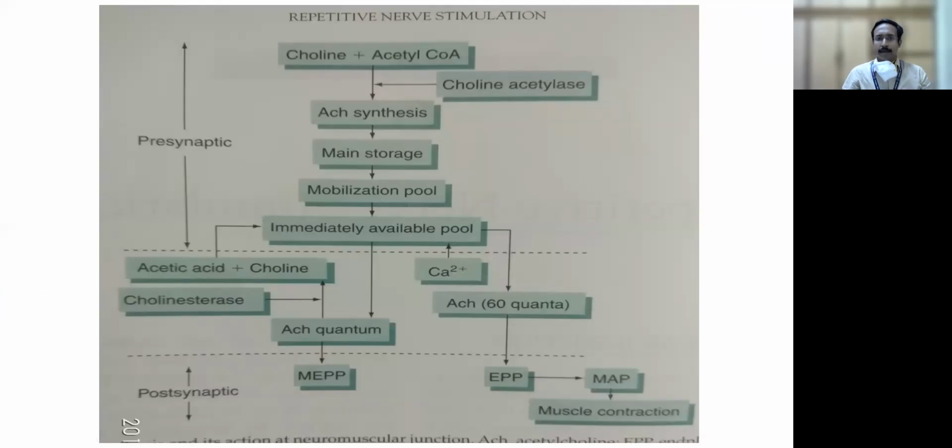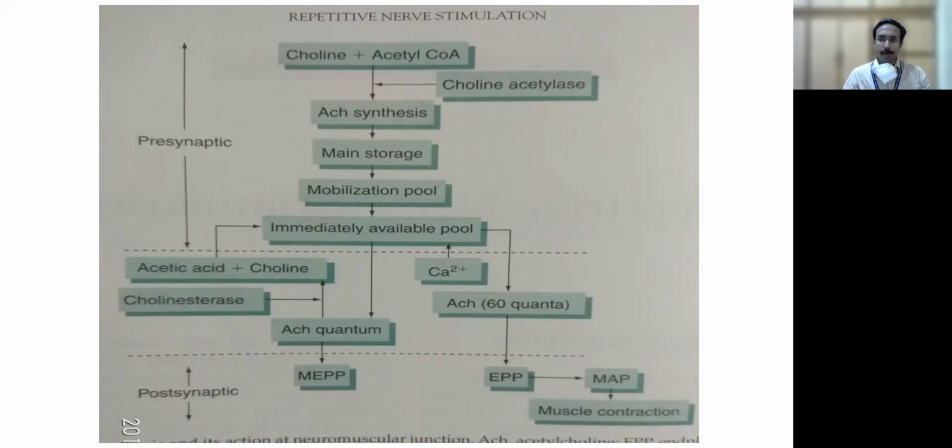Very briefly, the biochemical events at these junctions are the formation of acetylcholine, its release into the synaptic cleft, its action on the postsynaptic receptor, and its final degradation by the acetylcholinesterase enzyme.